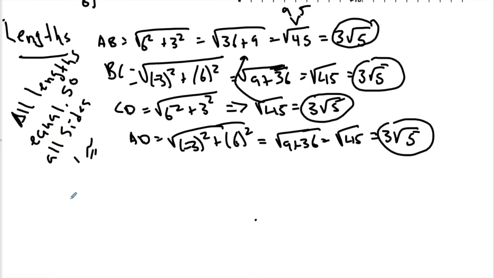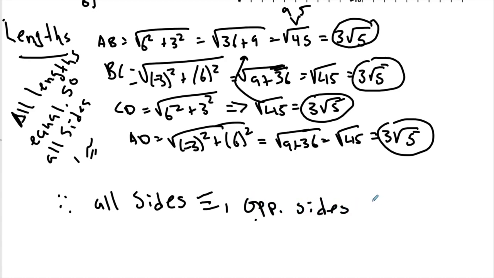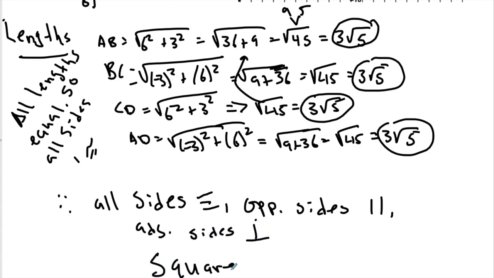Okay, or the claim is justified. So therefore, all sides congruent, and we've already claimed that with work. Opposite sides parallel. Adjacent sides perpendicular. The shape is a square. Okay?